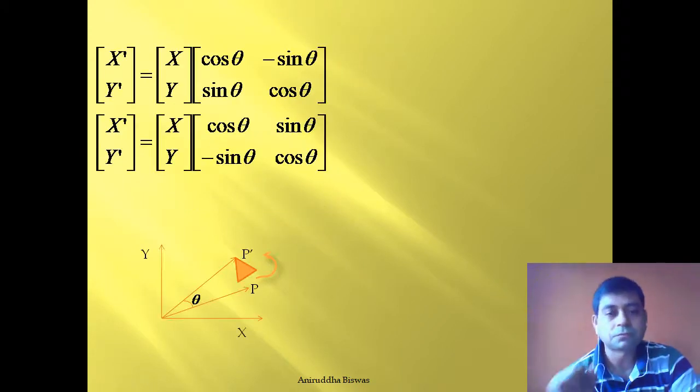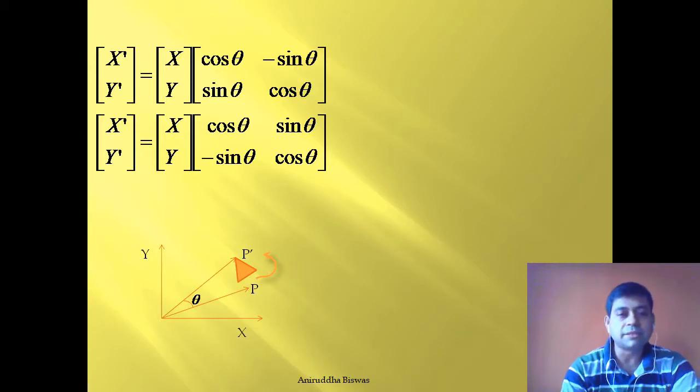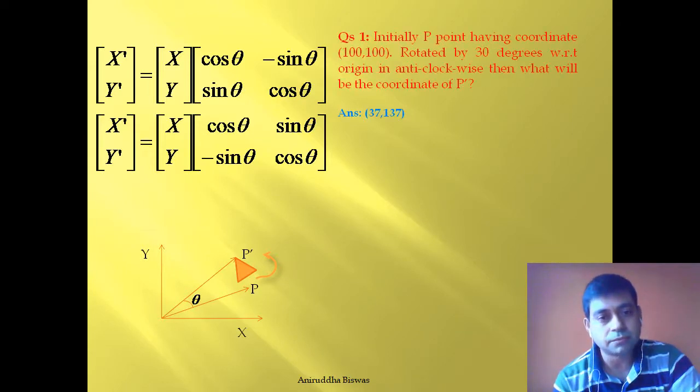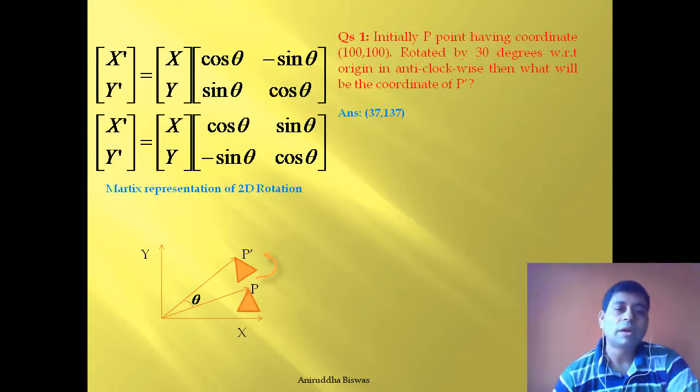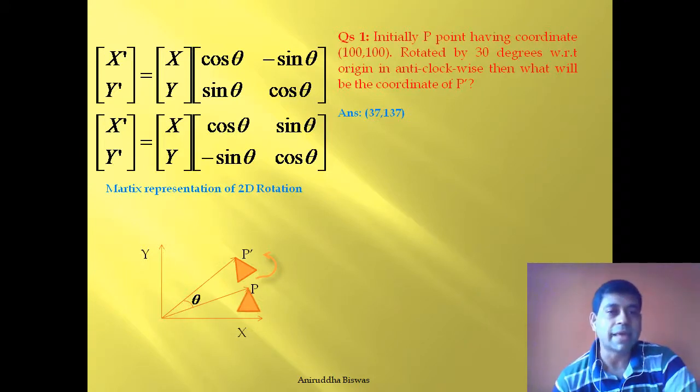Okay, so look at this particular diagram. What exactly happens here is that P is a point, a vertex of a triangle, and it is rotating in this direction by an angle of theta.